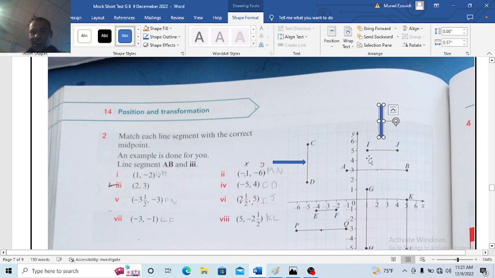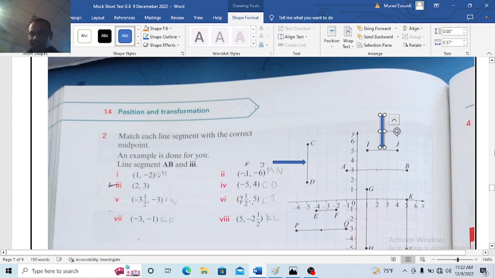You see I has coordinate 1, J has coordinate approximately 4. Therefore 4 plus 1 is 5, divided by 2, 2.5. So it will be 2.5, 5. This is the midpoint, approximately this.